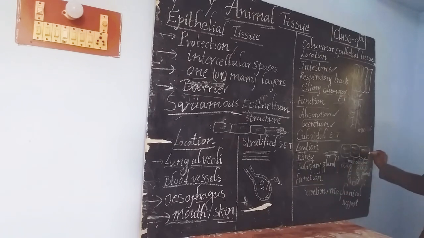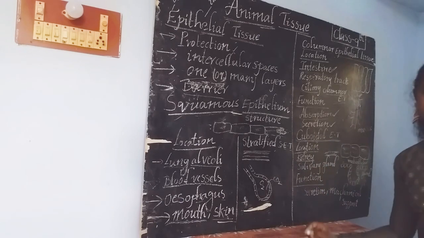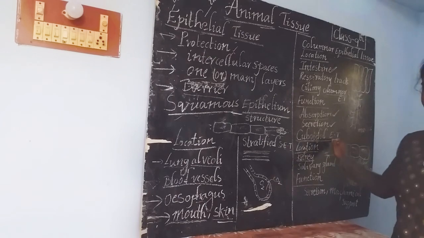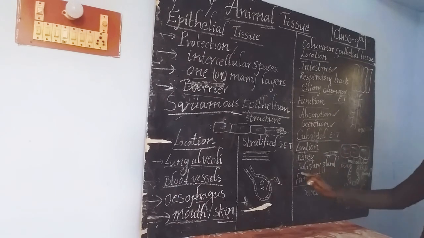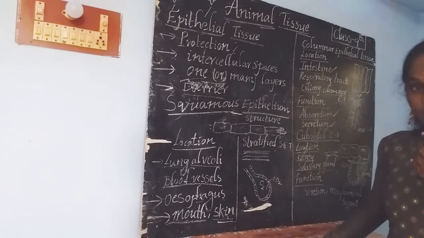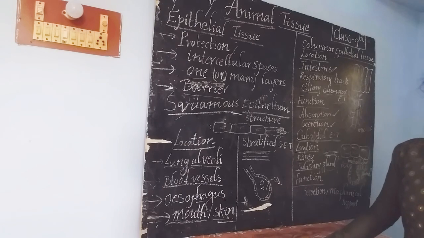They may be arranged in this manner, and we find cuboidal epithelial tissue inside our kidneys, and the kidney tubules are also made up of it. The salivary glands present in our buccal cavity are also made up of cuboidal epithelial tissue.